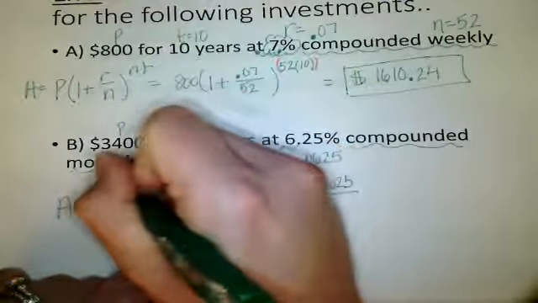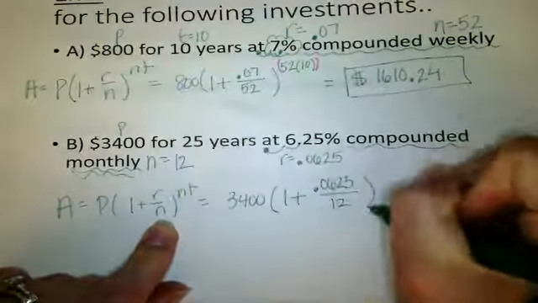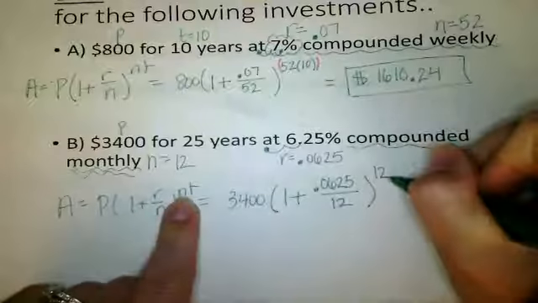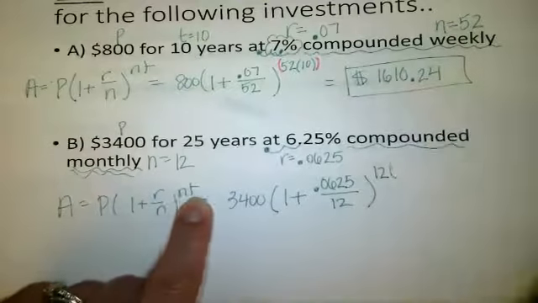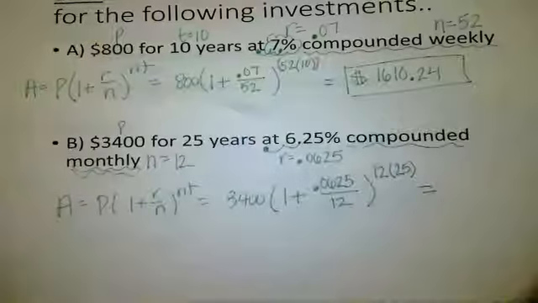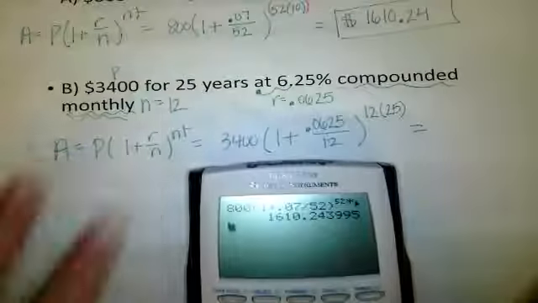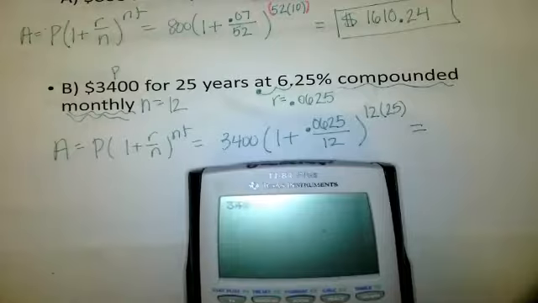If it's compounded monthly, that would be N equals 12 times per year. Good. So N is 12. We got another 12 up in the exponent. And then what's T? 25. So again, our job is to plug this in properly. Make sure you can use your calculator. So again, you can type it pretty much directly in.